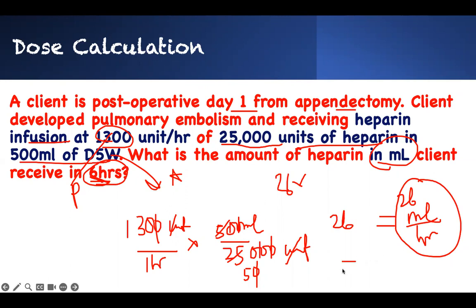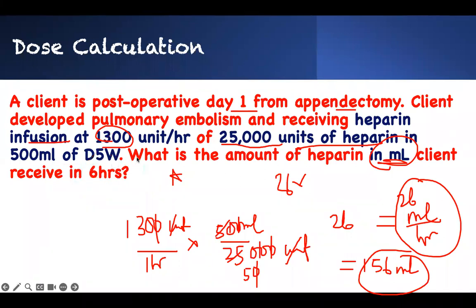So the client is going to get 156 ml of heparin. The answer has to be in ml because these are per hour and this is 6 hours. That's the way you do this question because they're asking how much heparin in 6 hours. So the amount that you get, you multiply by 6.